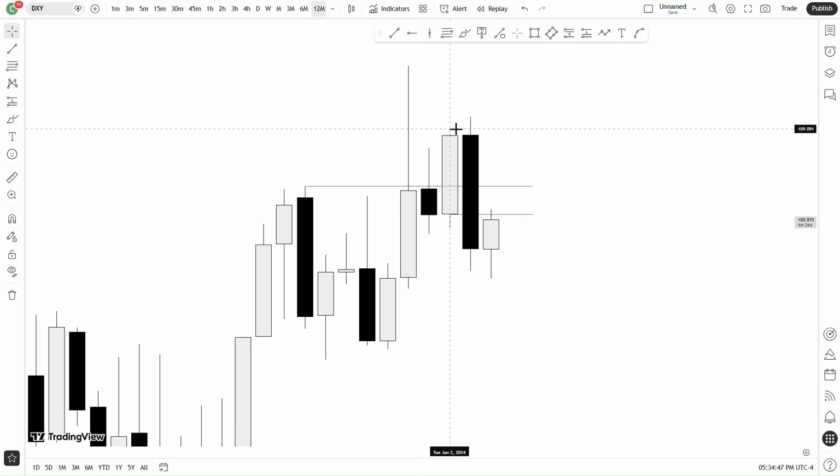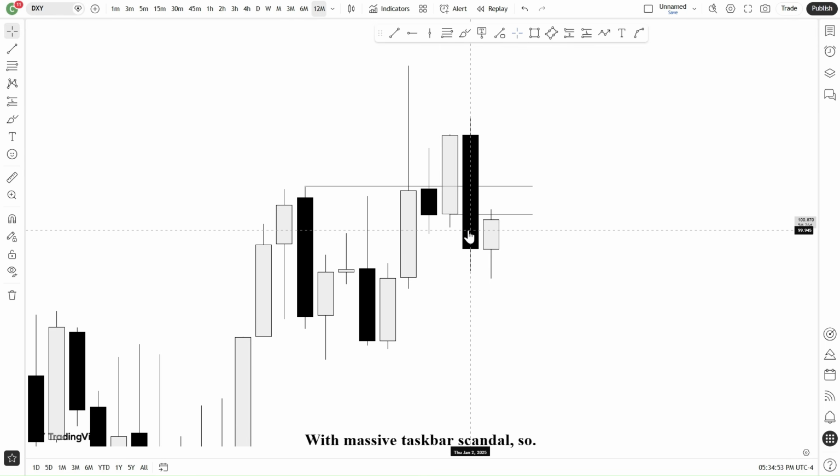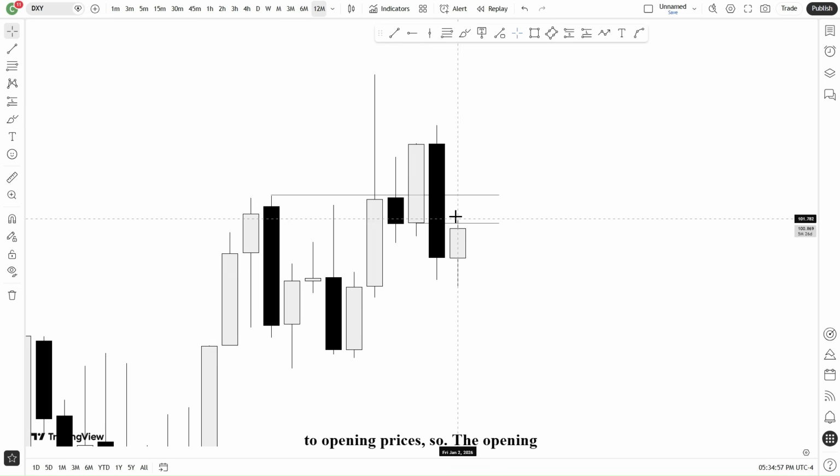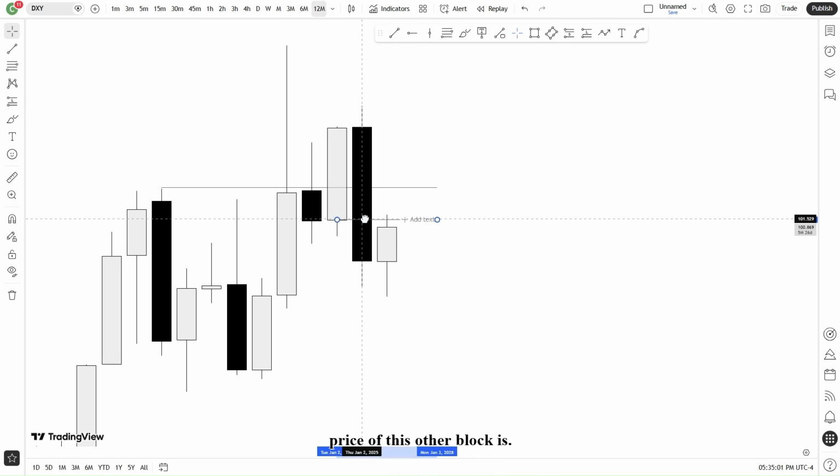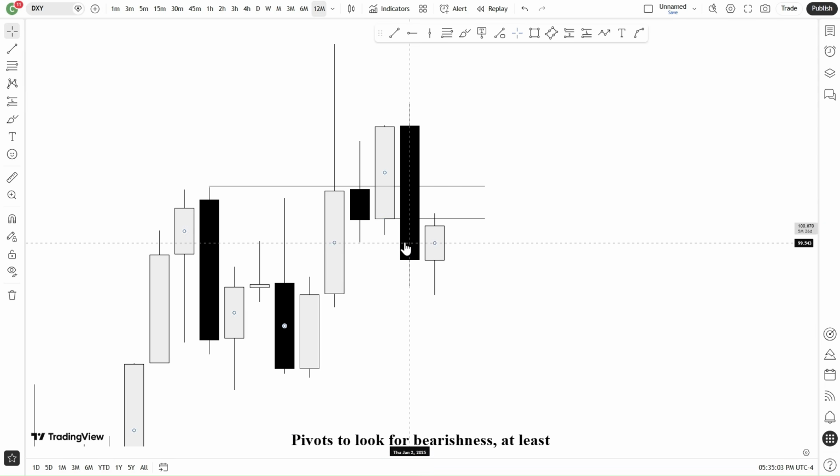So we flipped this opening price with a massive dark cross candle. Price is always sensitive to opening prices. So the opening price of this order block is my pivot to look for bearishness, at least to anticipate the high of the year, right?